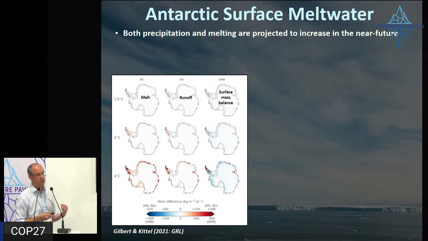Again, you can see that melting is going to increase, which will make some ice shelves potentially vulnerable, but also there will be some precipitation increases in Antarctica, which will be an important part of the mass balance. But a lot of the modeling shows that the increased melt rates will be far greater than any compensating increase in terms of precipitation.